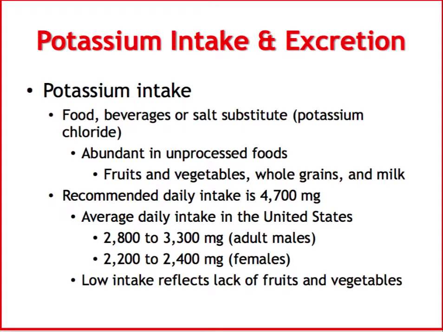And so you don't want to take a potassium supplement, because your body tightly regulates potassium levels in your blood. If your potassium levels become too high, your adrenal cortex releases aldosterone, which causes potassium to be secreted into the urine.